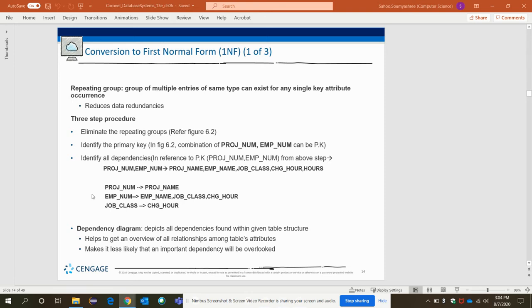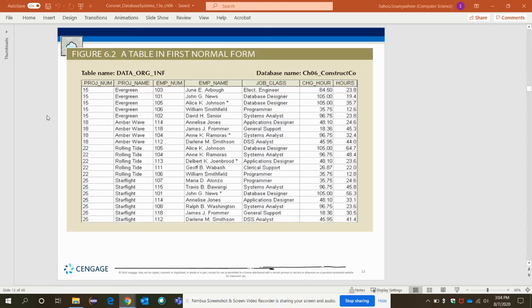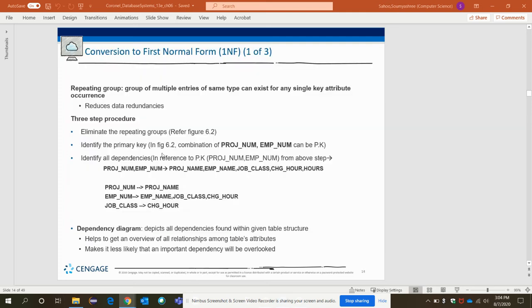Let's see the figure, this one, figure 6.2. Here we need to eliminate the repeating groups. Then what are we supposed to do? We need to identify the primary key.